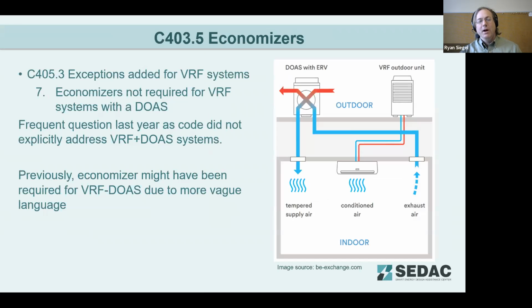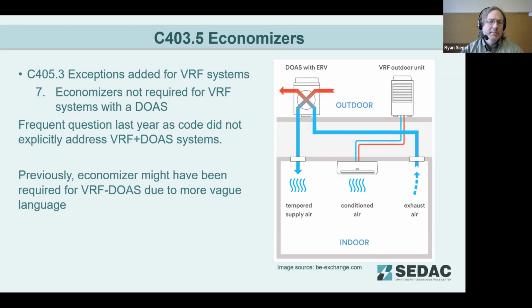Economizers. So here we're updating some of these, and added a new exception as we're seeing more and more VRF, or variable refrigerant flow, systems coming online. Partially this is because VRF is often highly efficient, so these systems are fairly low energy to begin with, such that the savings may not justify having that economizer.